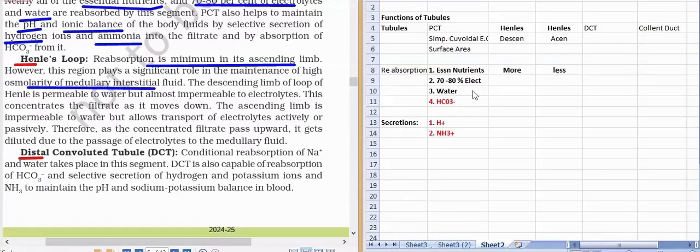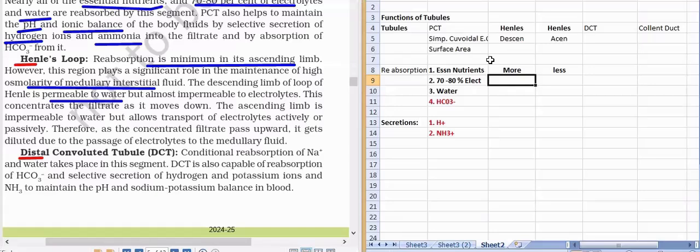Next, the descending limb. The descending limb of the loop of Henle is permeable to water, which means it allows water to be absorbed, permits water to move out of the tube. But it is also impermeable to electrolytes, so it will not allow electrolytes to move outside. So what you have to write here: 1. It permits H2O, that is, it permits water but not salts.